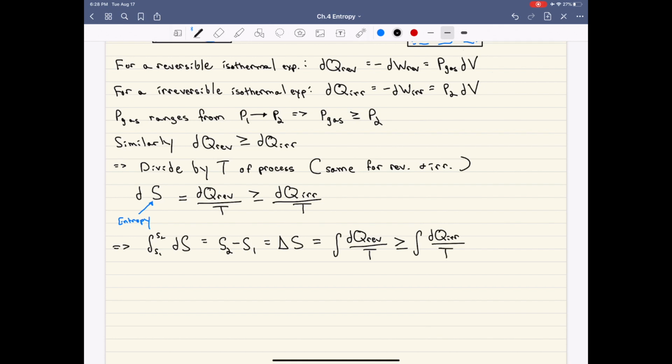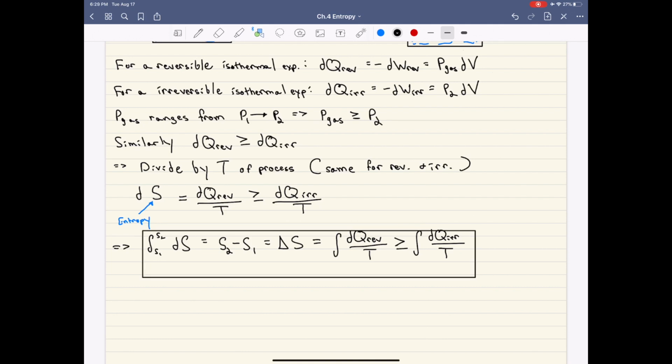And this equation that I just wrote out here is known as the second law of thermodynamics.